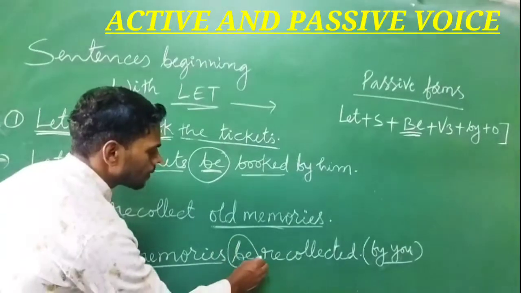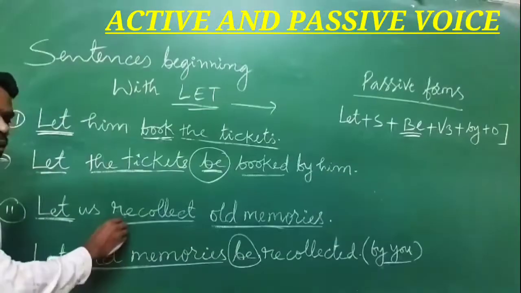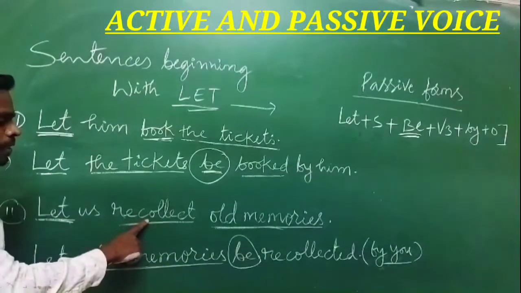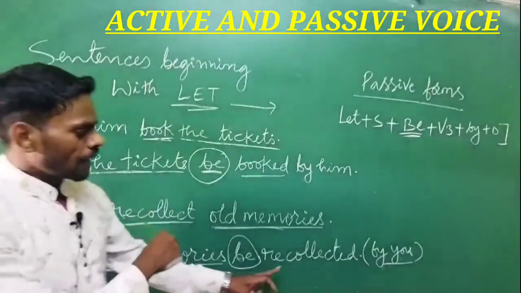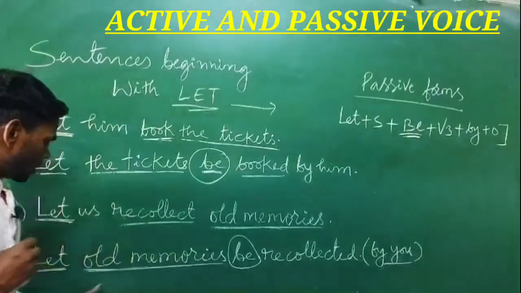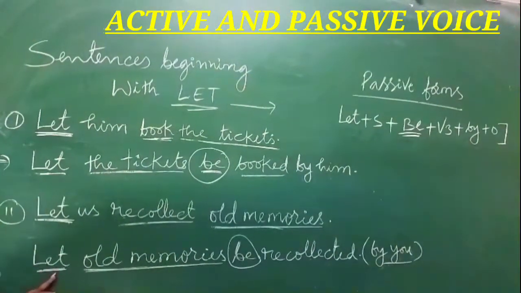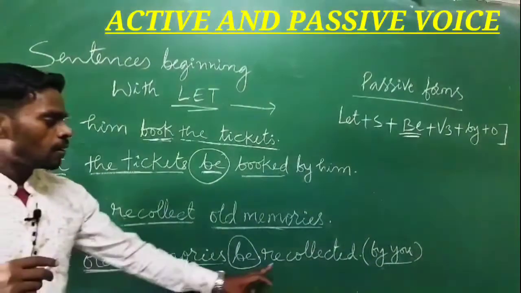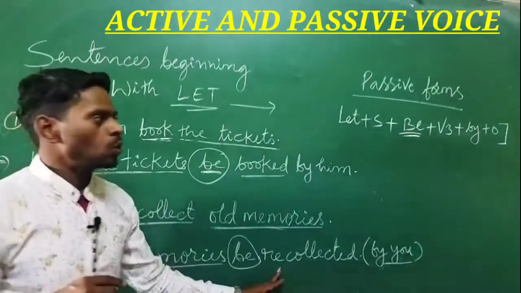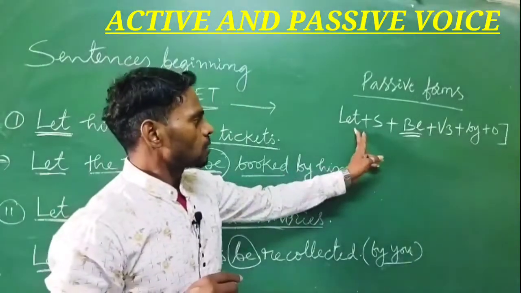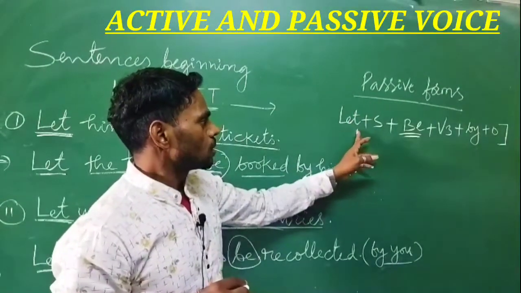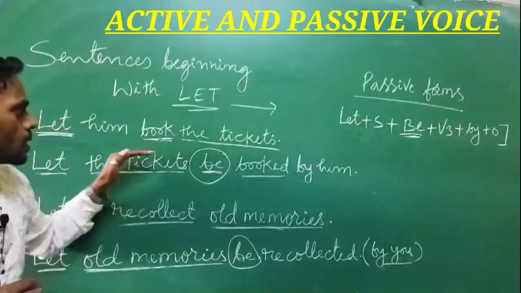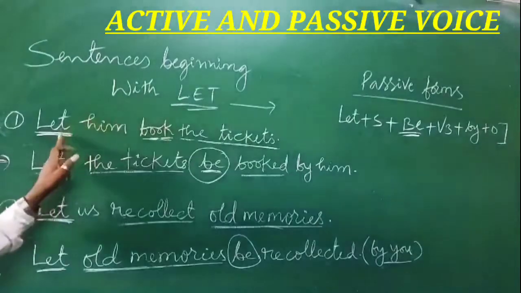Then be is added, then recollect is the main verb, so you have to change this one into V3, the third form of the verb. So it will be recollected. So in the passive form it will be, let old memories be recollected. So remember this pattern to change sentences that begin with let.